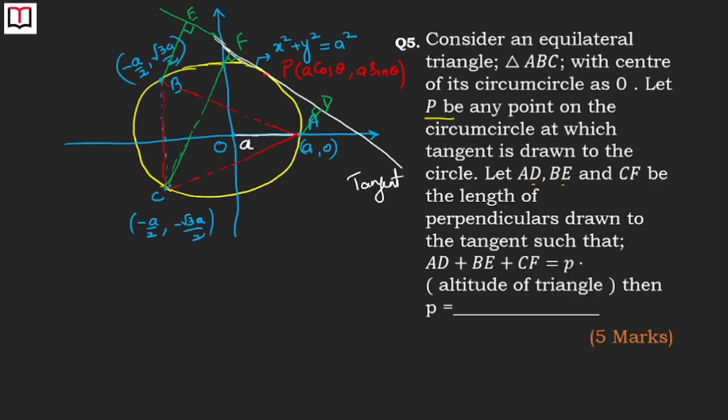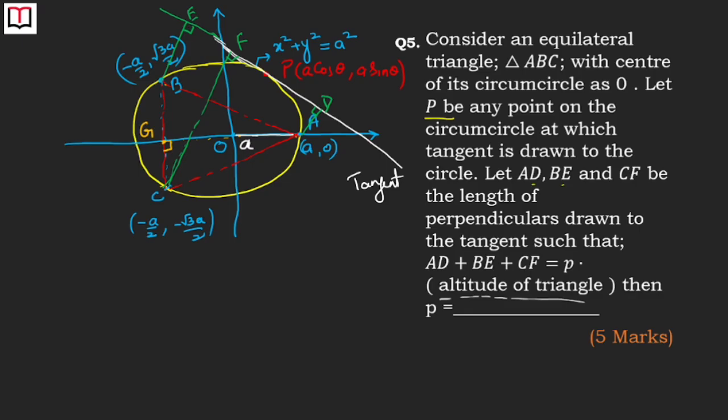What do we need? The altitude of the triangle. In this case, the altitude is actually this one. Maybe I'll call it AG, whatever it is. That's the altitude. So how can we get it? See, OA is a. We need to get OG.